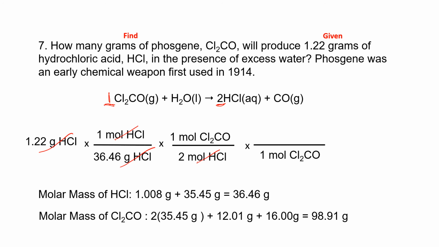It comes out to be 98.91 grams. Moles of phosgene cancel, and then we're left with grams of phosgene. We need to make it 3 significant figures when we round. So it comes out to be 1.65 grams of phosgene as our final answer.